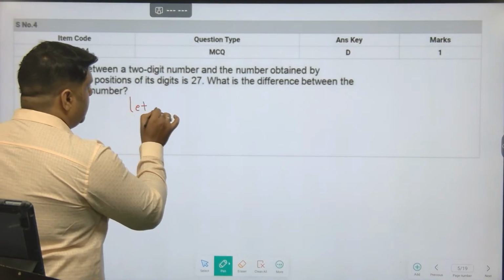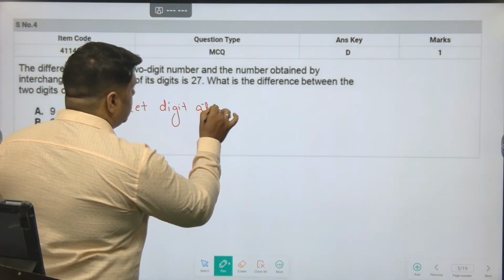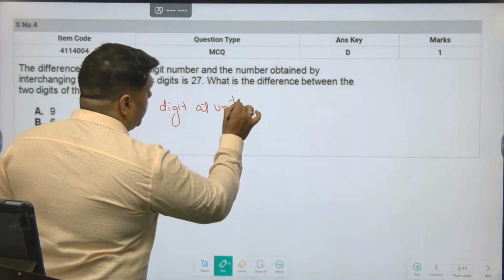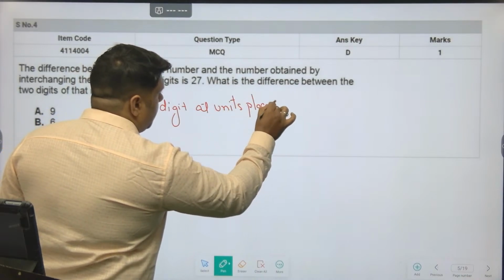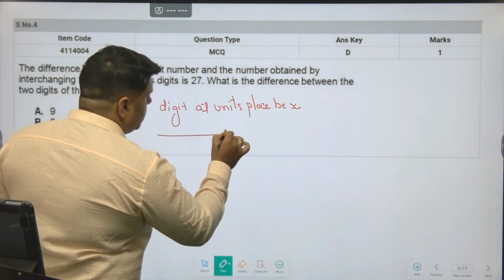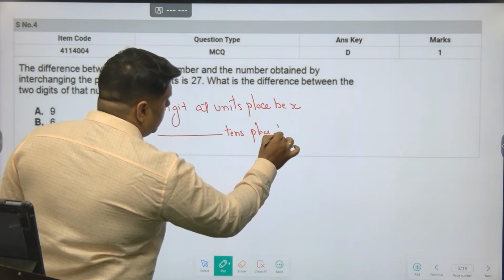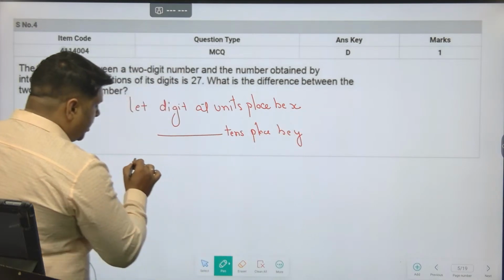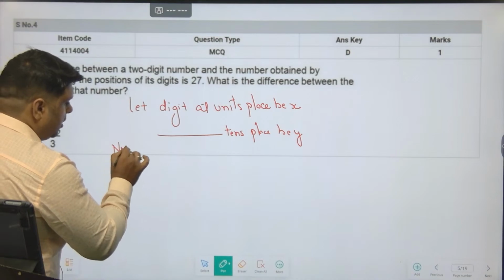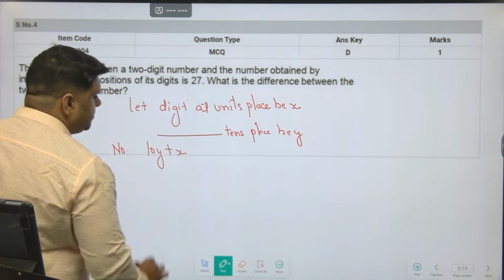So let the digit at units place be x, then the digit at tens place be y. So our number will be 10y plus x.